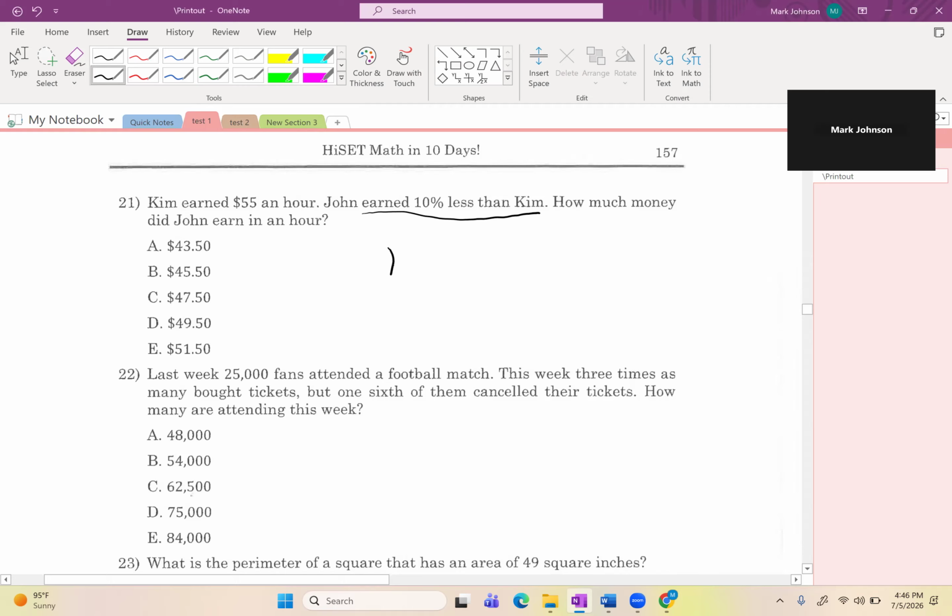So Kim times 10%. So 0.1 for 10%. Let's do this a different way. Start over.